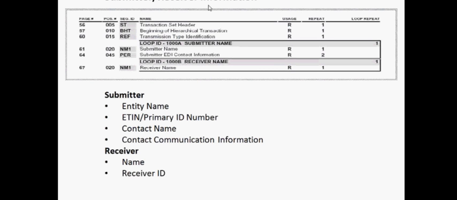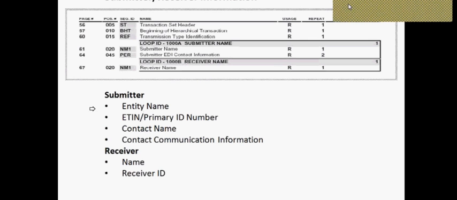The first of the 6 pieces of information that comprise a transaction is the submitter and receiver information. What does it contain? It contains the entity type, that is, whether it is a person or a facility. Then the primary identification number, the contact name, and the communication contact information, like a fax number or phone number.